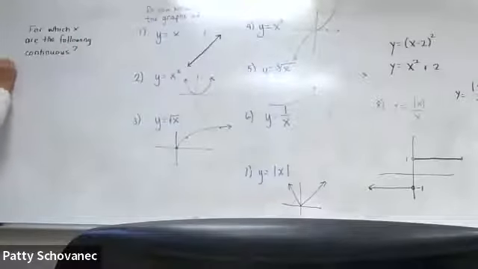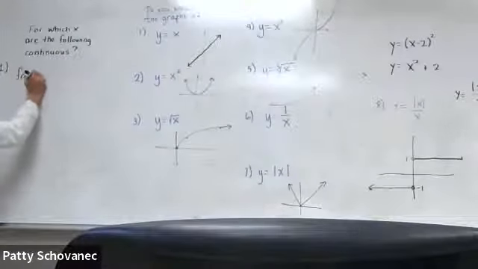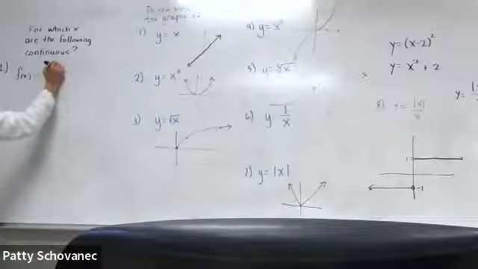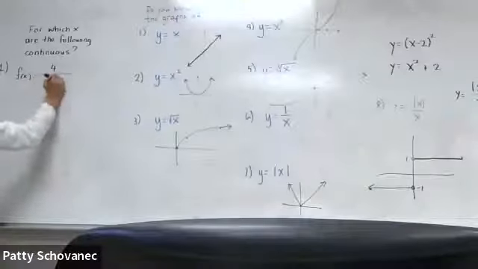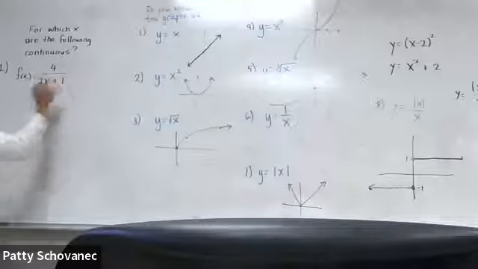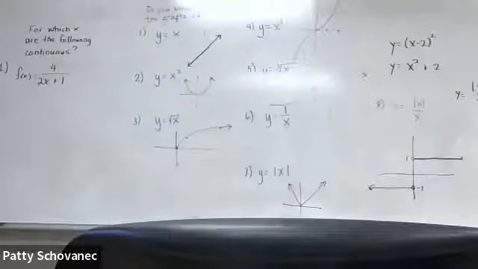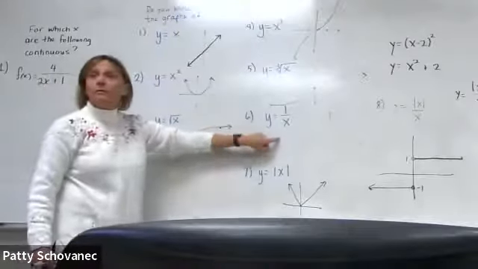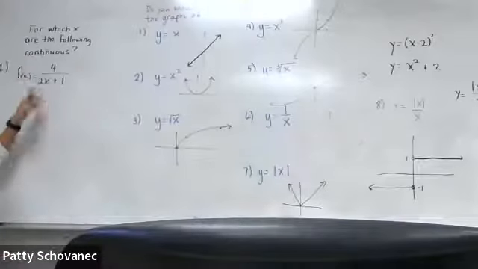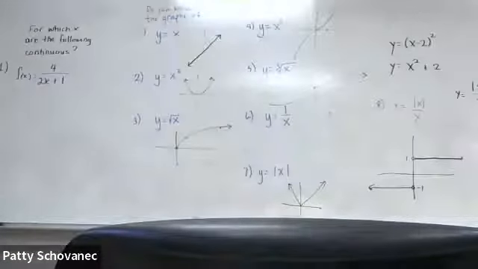My first one, f of x is equal to 4 over 2x plus 1. This function belongs in this family. Its graph is going to look like that, but I've done some shifting to it. The 4 and the 2 stretch the y values. The adding 1 is going to do something that moves the graph left or right.